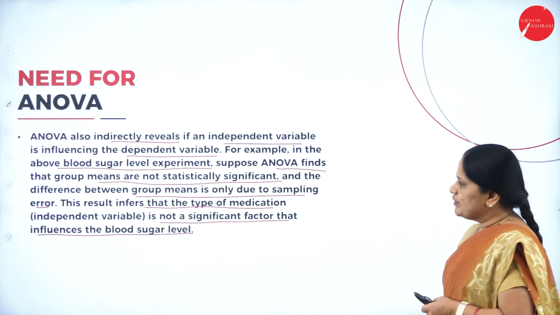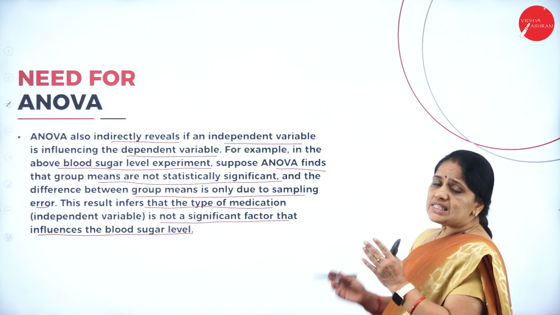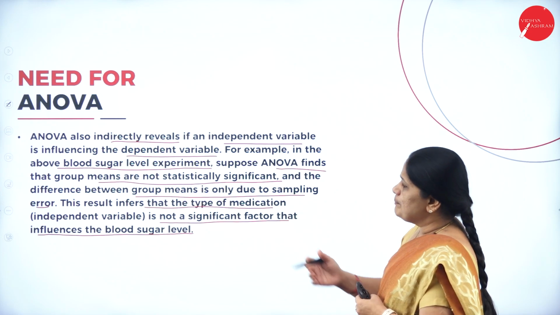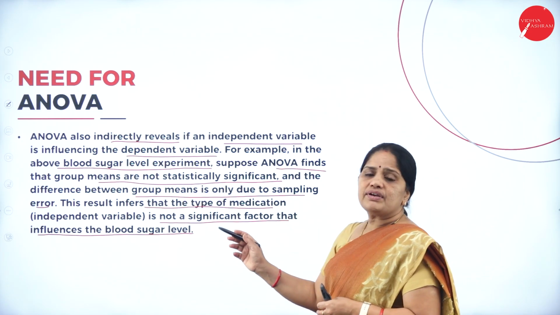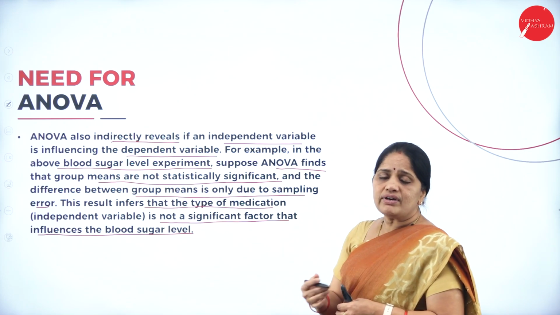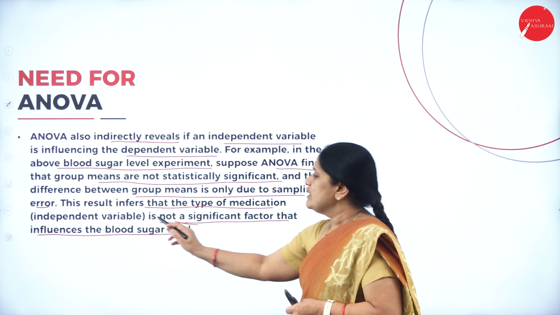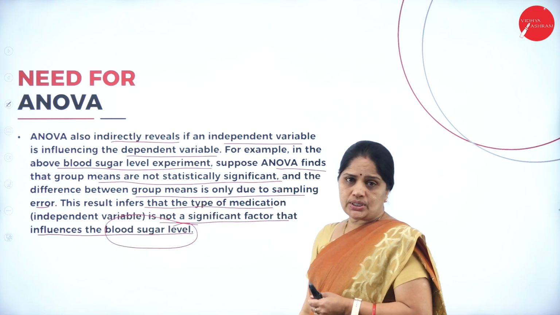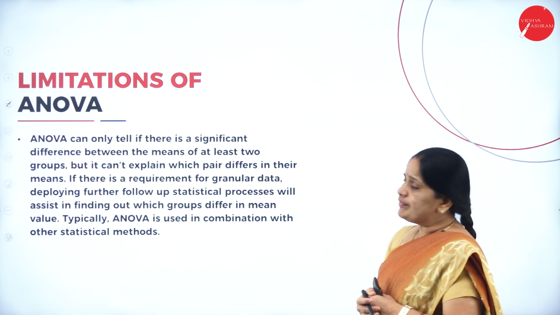So with the help of ANOVA, we can come to a conclusion that the difference between the means is due to the sampling error, and as a result it is not a significant factor. The medication whatever we have given to the patient is not a significant factor which is affecting the blood sugar level.